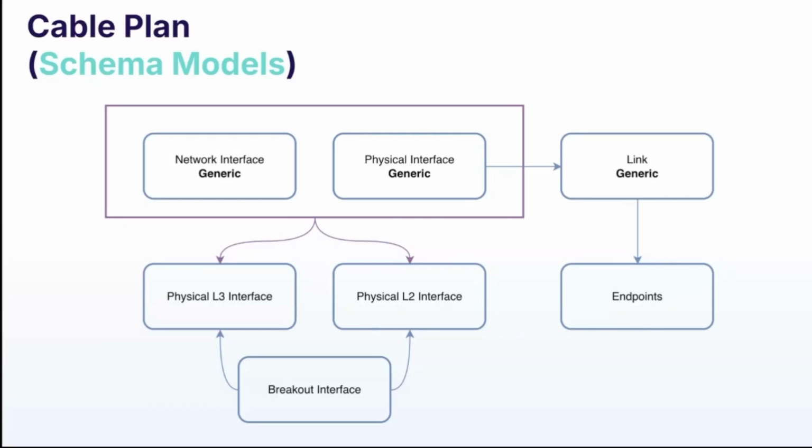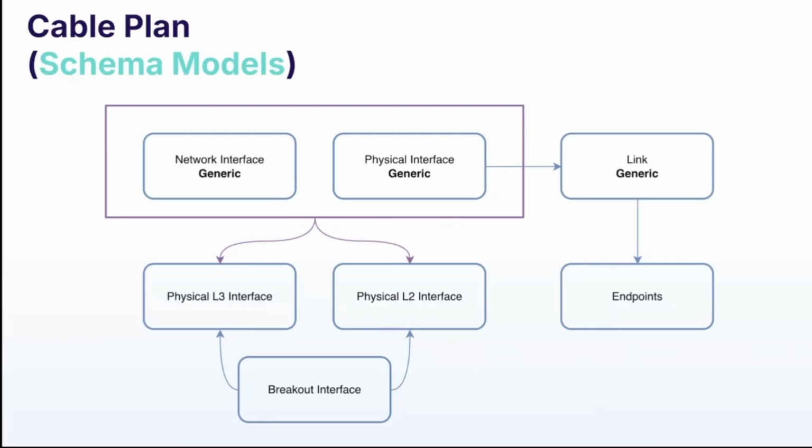We went a little bit further to having an L3 and L2 interface along with the breakout interface. This allowed us to model it a little more to what they were using. Those are the main features we use: the generic that had some of those shared attributes, and then we got more specific with physical, L3 and L2 interfaces.